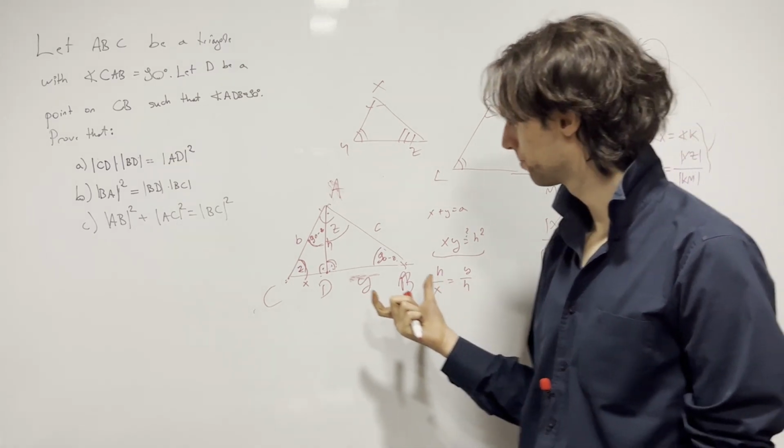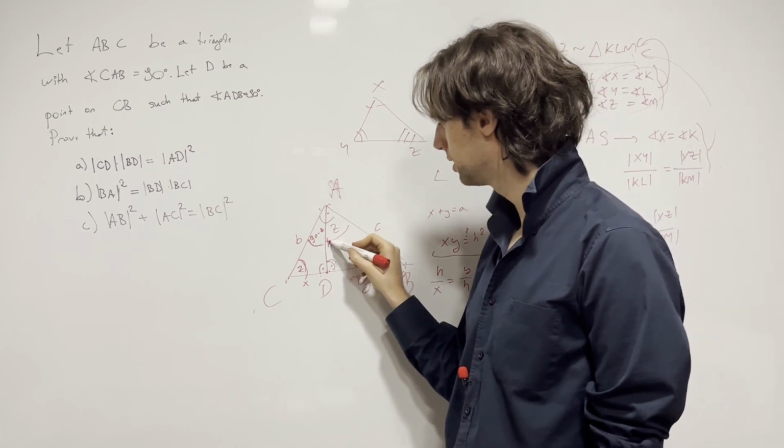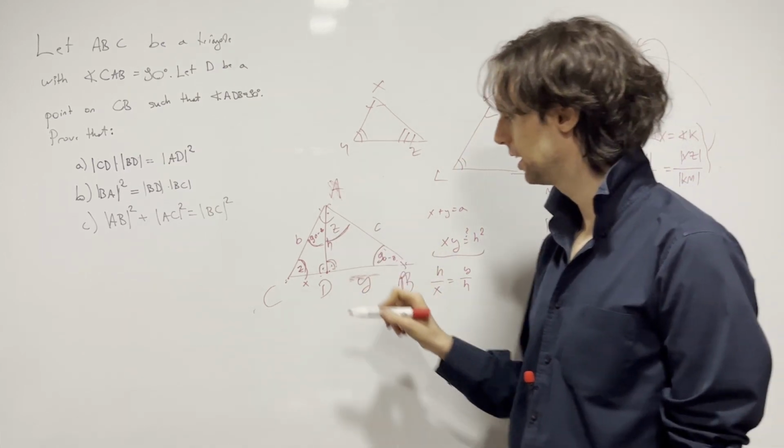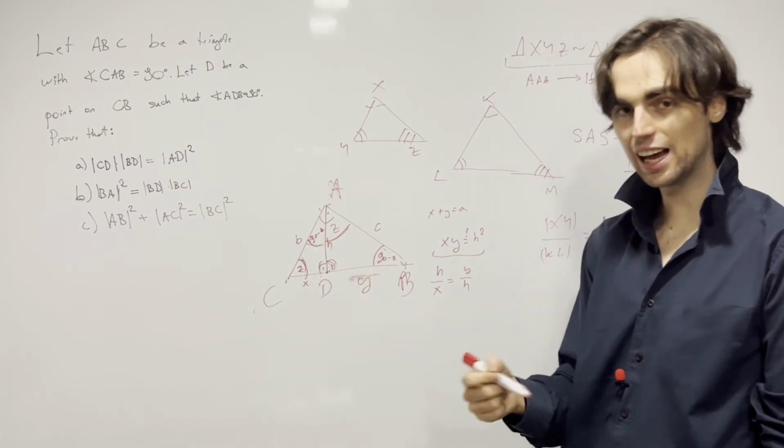Now, what do I have? I have angle Z and 90 minus Z, angle Z, 90 minus Z, 90, 90. What does that mean for us?